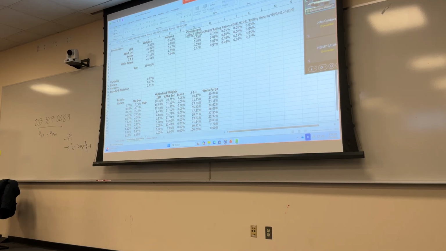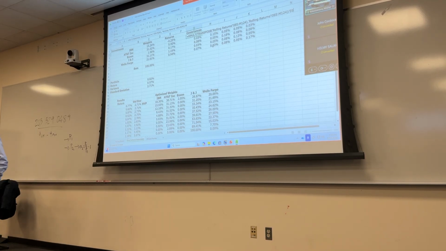And no, you can't really use the same sheet because you're gonna have to add more columns, etc. So once you guys are done with the covariance matrix, let me know again.